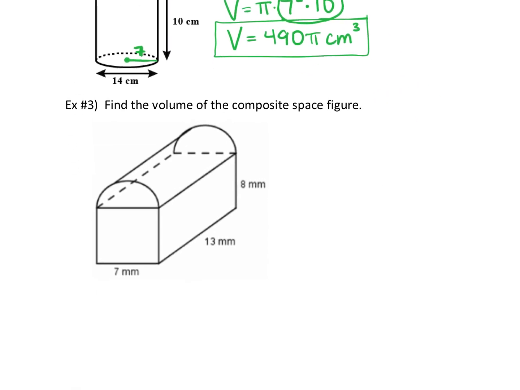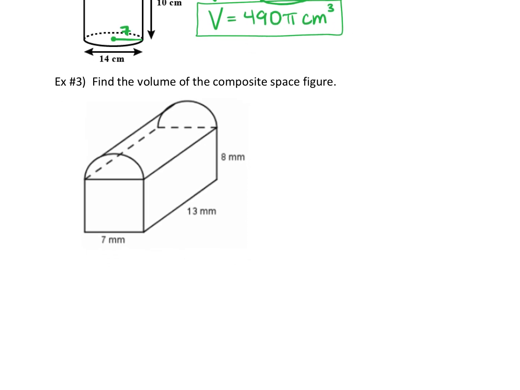Okay. This is the hardest one. Do this along with me. Okay, look at this figure. If we are looking for volume, we're looking for how much space fits in this. Is something like this going to be on the test? Potentially, we'll see how it goes. You have a prism, right? A rectangular prism, that's the bottom part.